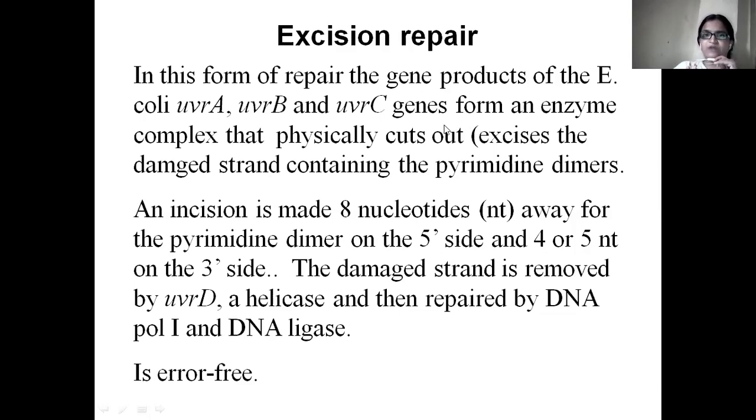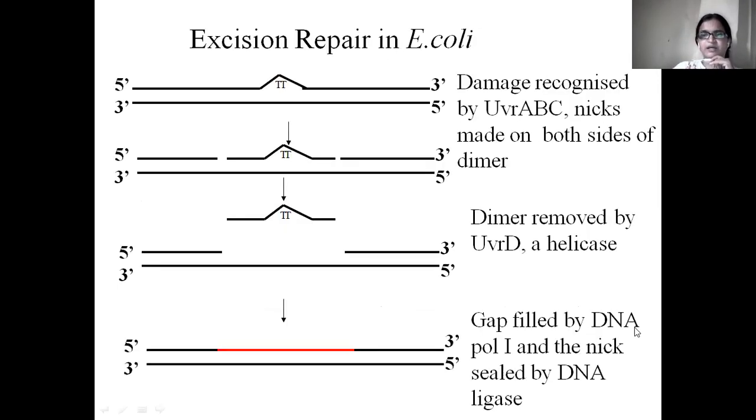It cuts the DNA 8 nucleotides away from the pyrimidine dimer on the 5' side, and 4 or 5 nucleotides on the 3' side. Whatever the damaged strand is, it is removed by UvrD. It is a helicase, and then repaired by DNA polymerase and DNA ligase. This is the excision repair.